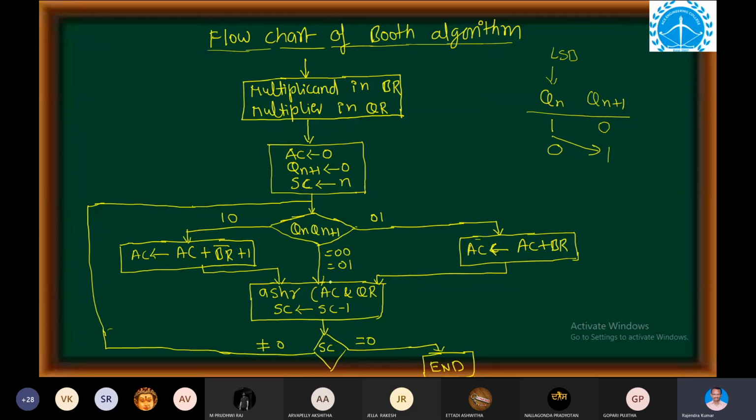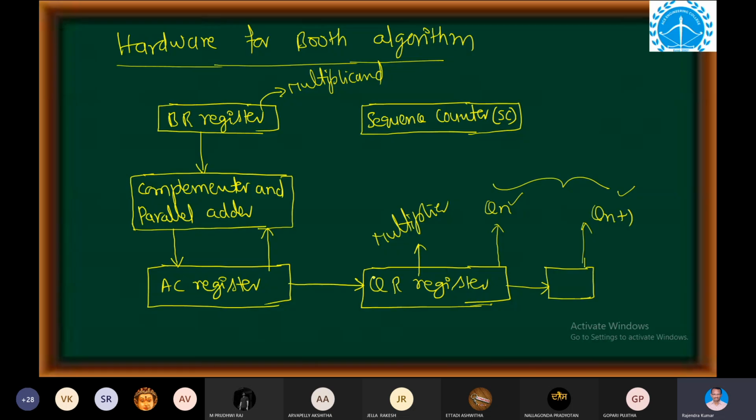Then I will do arithmetic shift right of the contents of the accumulator and QR register, so that the LSB is stored in the Qn plus 1 flip-flop, and it will be treated as Qn plus 1.